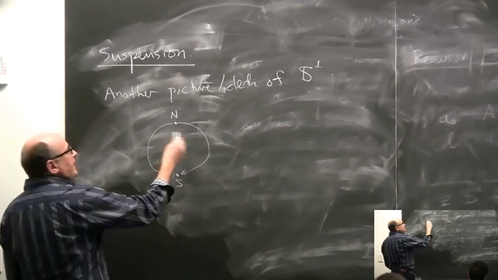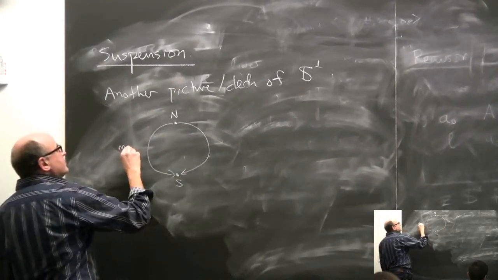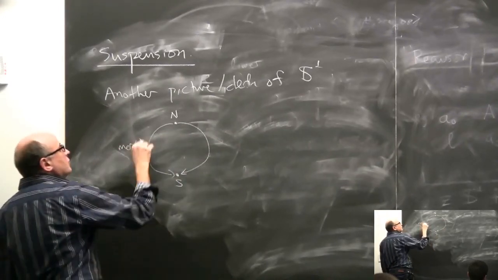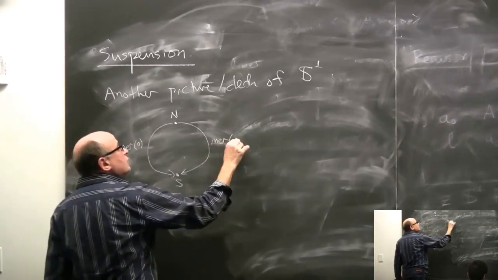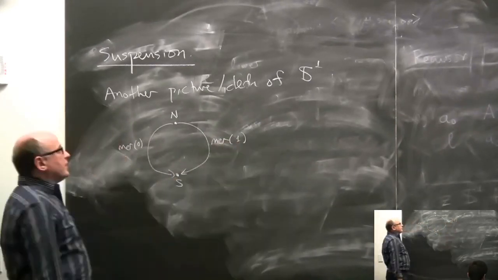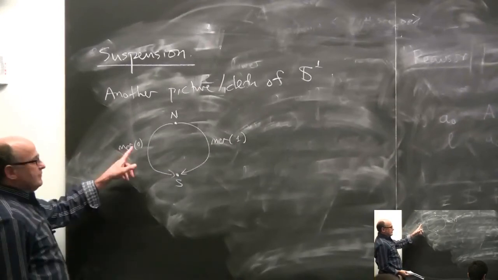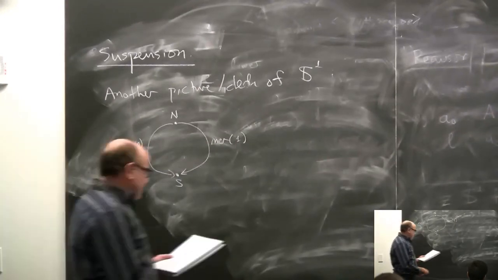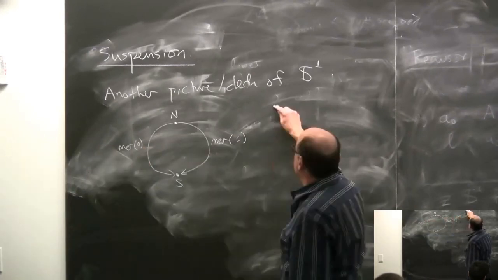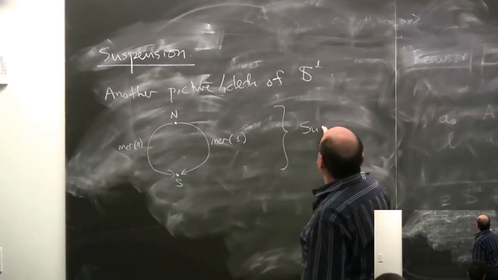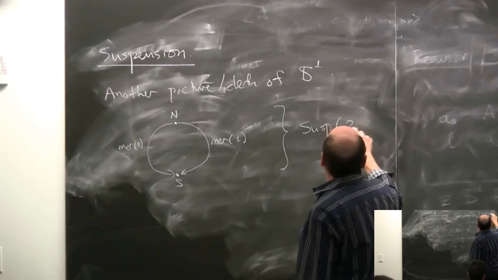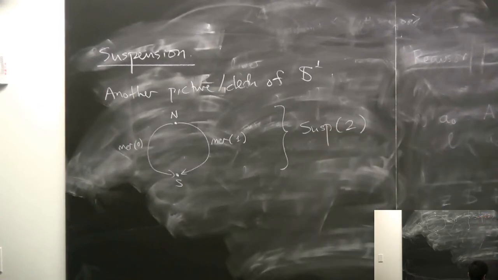And we're going to have two things which are called the meridians. I'll call them meridian of 0 and meridian of 1. There's a reason to do that: I want to define them as a function of this underlying type 2. I'm going to use a different notation than in the book because it's a little culture clash.